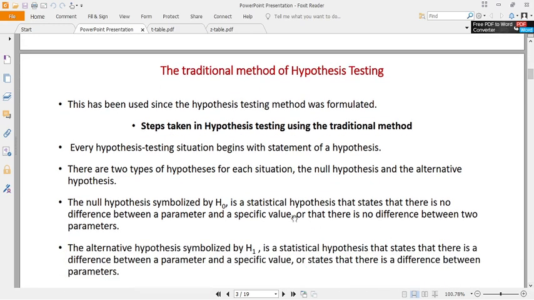The null hypothesis is the statistical hypothesis that states that there is no difference between a parameter and a specific value. And then the alternative hypothesis, which is always the researcher's claim, states that there is a difference between a parameter and a specific value.